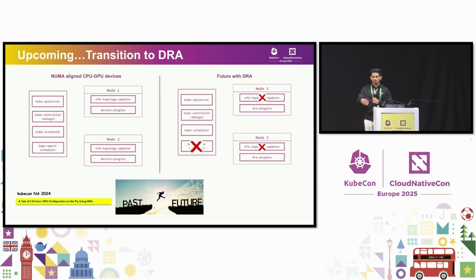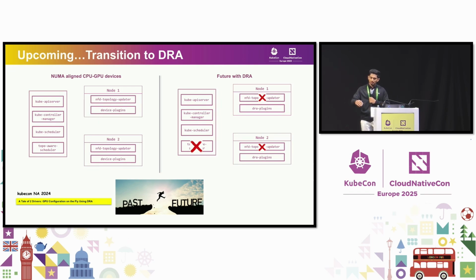So the workloads that we are running are not just GPU workloads, but because they are high sensitive, high performance workload, we need to do NUMA alignment for that with the right CPU nodes. And topo-aware scheduler needs to be in the control plane to do this scheduling for NUMA alignment.